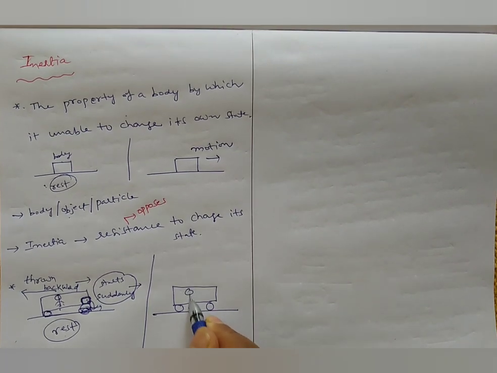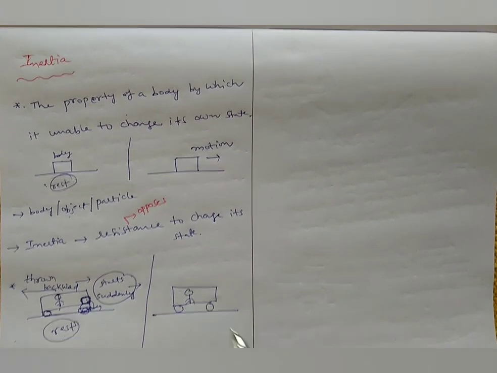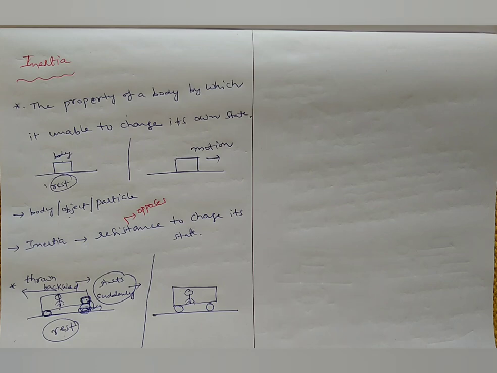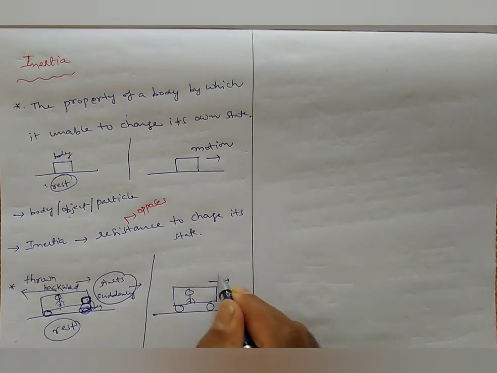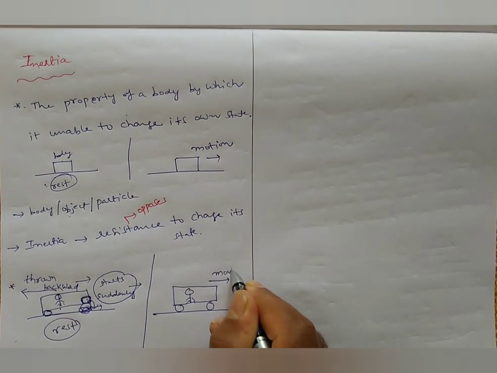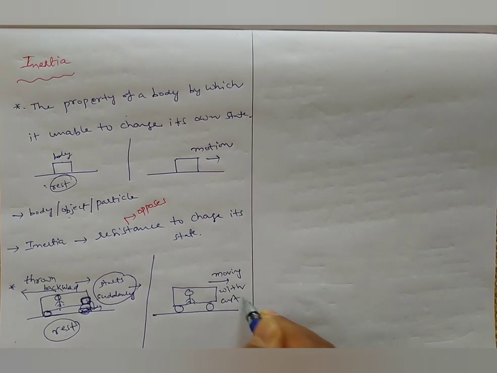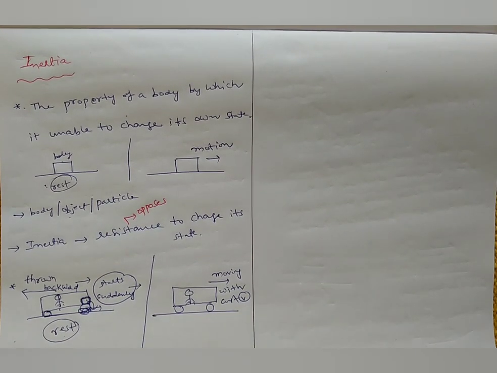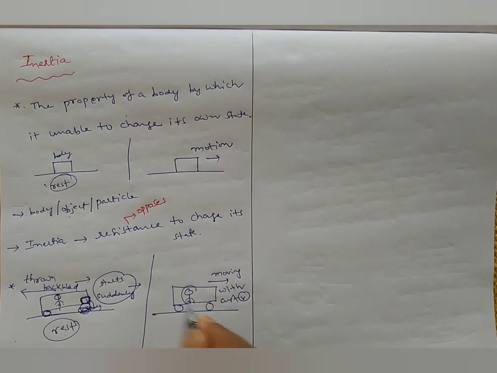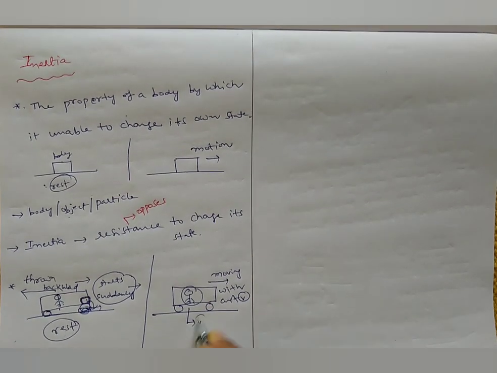Now the passenger is inside the bus, standing inside the bus, and the bus is moving with constant velocity in one direction. If the bus is moving, then the passenger is also moving with constant velocity.